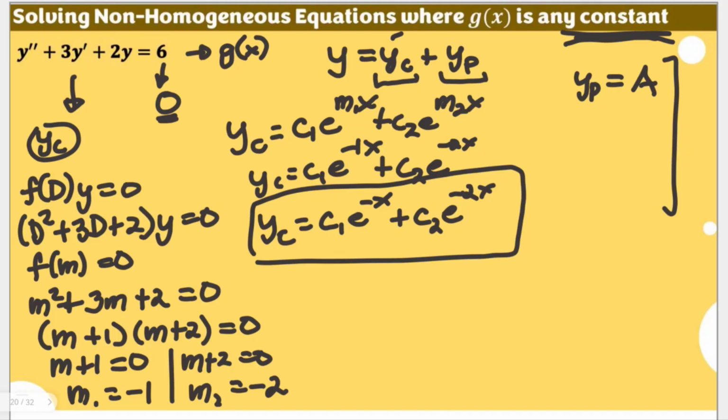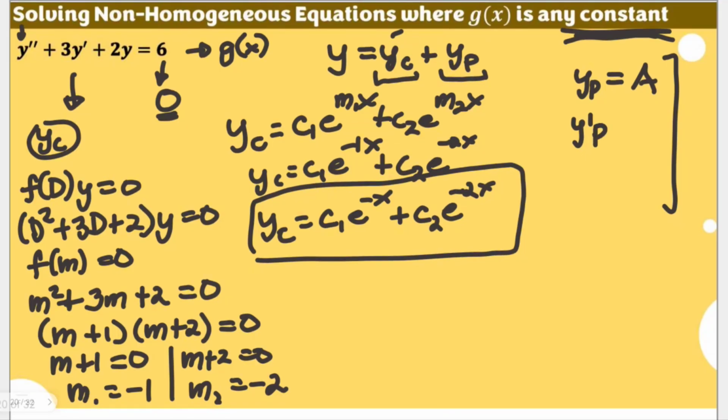The hint here is this: our highest order of derivative is 2, or y double prime. Hence, we will also be taking its second order derivative. But first, the first order derivative of constant A is just 0, and the second order derivative is also 0. So with this, we are going to substitute this into our given equation.